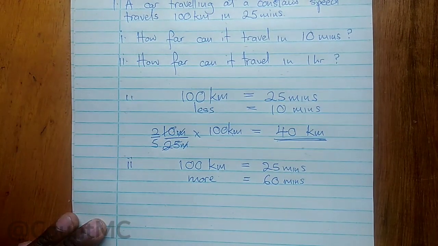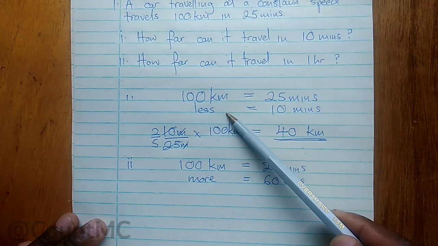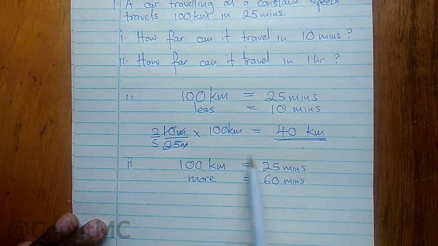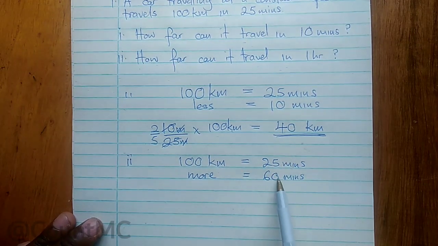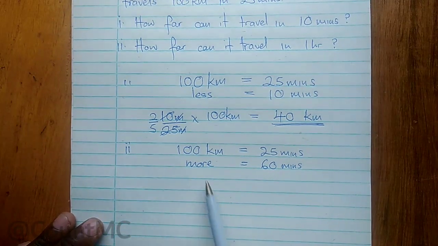We call this direct proportion because when one is decreasing, the other is decreasing. When one is increasing, the other is also increasing. That's why I call it direct proportion. So when you have this, you should create a fraction with this. Remember, when you say more, it's the bigger that goes on top. When you say less, it's the smaller that goes on top. So this time we said more, so the bigger number should go on top.